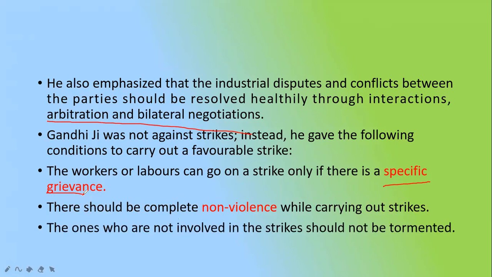The one who is not involved in the strike, who is not interested in striking, should not be tormented. Tormenting is nothing but worrying them. We should not stir them up or annoy them for not participating in the strike. Leave them. Do not force anybody to participate in the strike. That is the Gandhian approach.